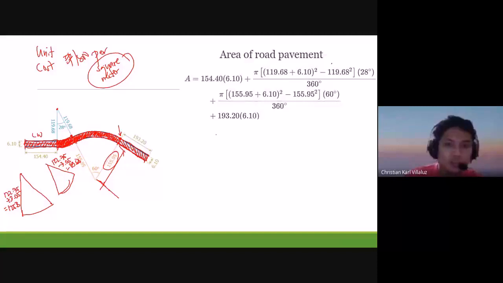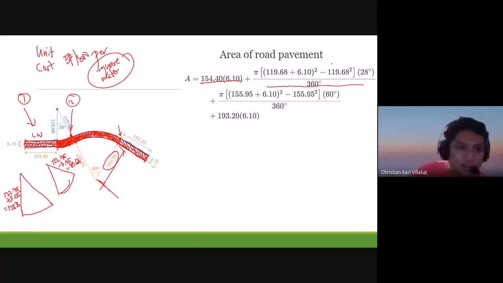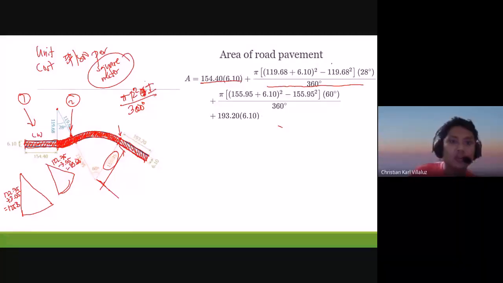So, our solution is like this. 154.4 times 6.1 is the first part, and the second part is this. The area of a sector is pi r squared theta over 360 degrees, where theta is I. So, pi r squared I over 360. Since we have two sectors, for the first, 119.68 plus the two lanes, which is 6.1, is 125.8.